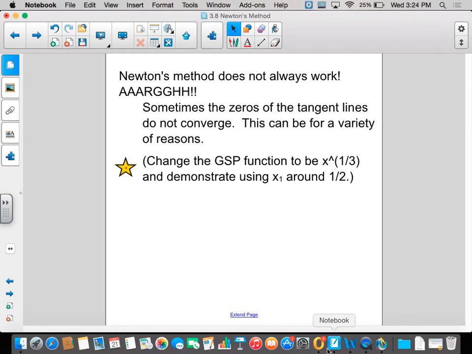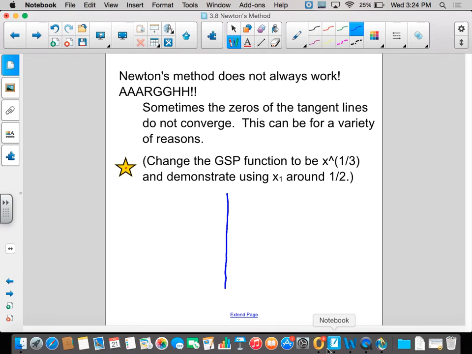I'll show you what it looks like. So if you graph y equals x to the 1/3, x to the 1/3 looks something like this. And the problem is, if you draw a tangent line at, say, we're trying to find the 0, we can see the 0, right? It's not too hard, it's at 0.